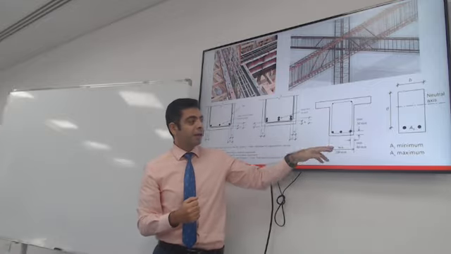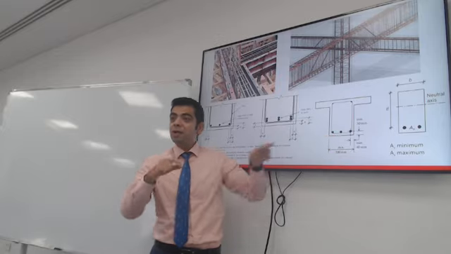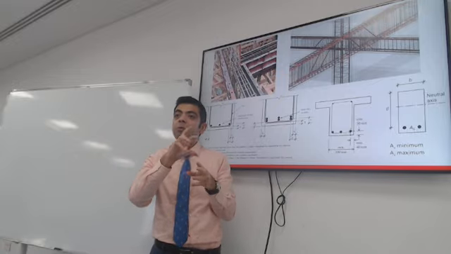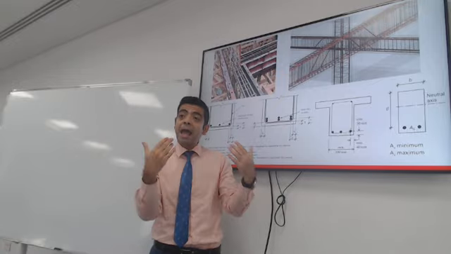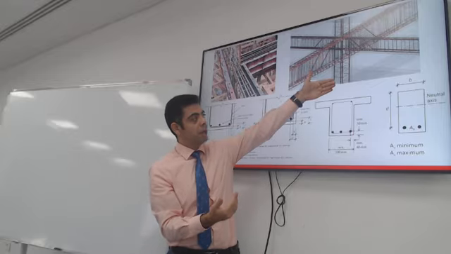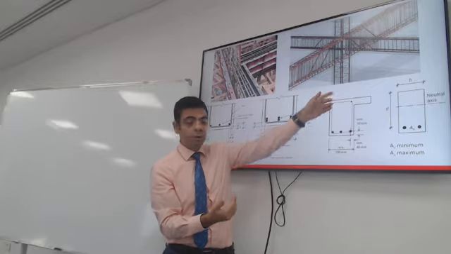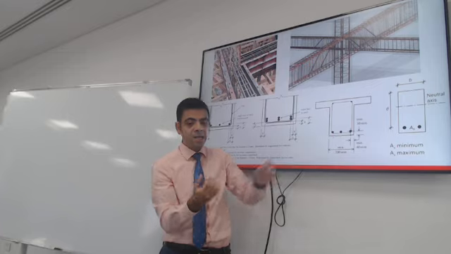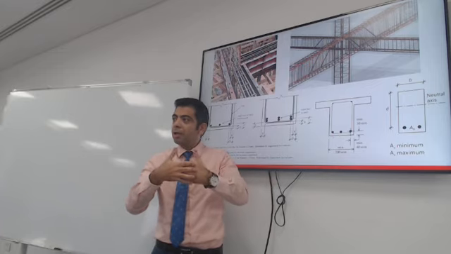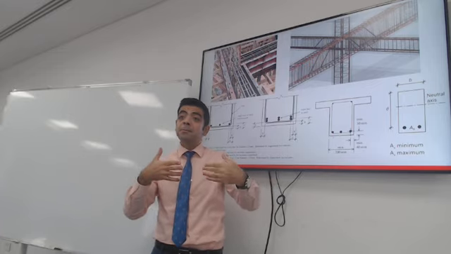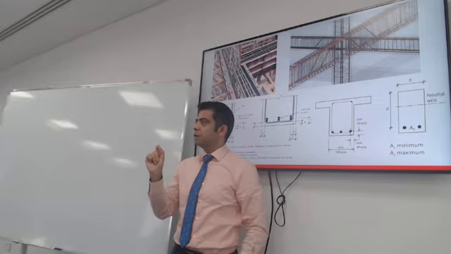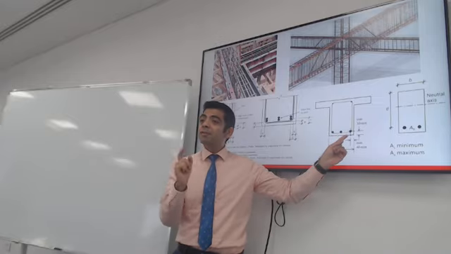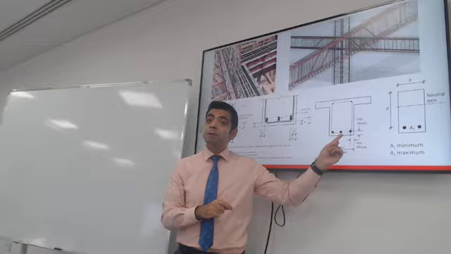If your bar is too close to the edge, there is not enough concrete surrounding it to develop proper bond. What may happen is if you apply a load and the bar is too close to the edge, it might slip. Actually, delamination happens between the concrete and steel. To avoid that, you need to put sufficient cover. So I can't emphasize enough the importance of concrete cover.